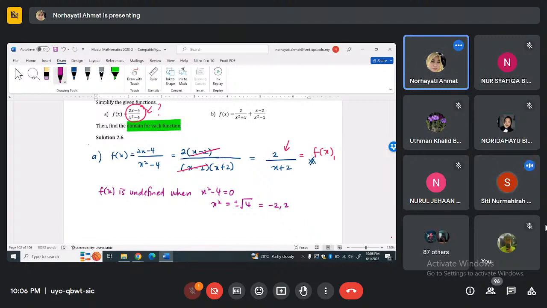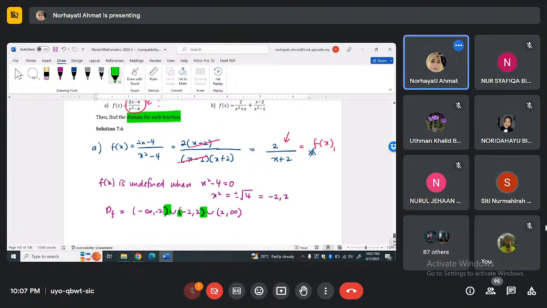So domain for this function is from negative infinity until negative 2, and then unite negative 2 until 2, unite 2 until infinity. We cannot include 2 and negative 2. Tak boleh. Okay, nampak kat sini. I use curve bracket. Not include. Sebab if we include this value, the function is undefined.